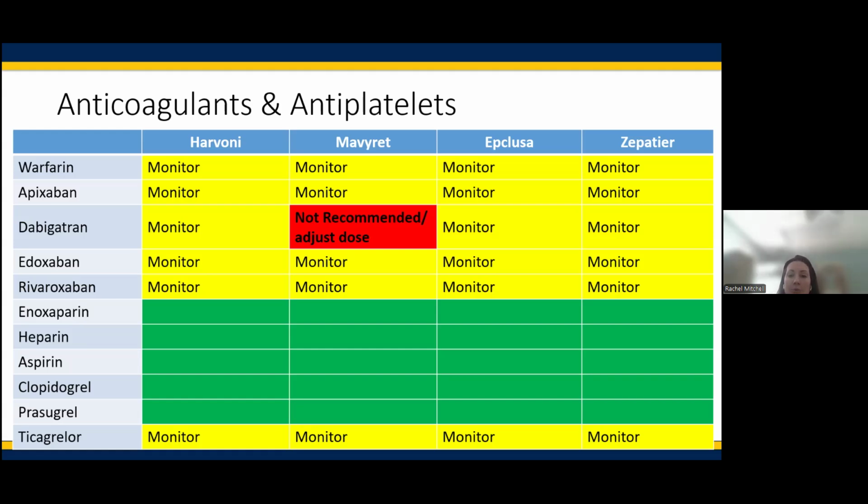It depends on the patient's renal function. If they have normal renal function, you don't need to adjust the dose. Once it goes down to 30 to 50 mL per minute, then you do the reduced 75 twice daily. And if it's severe renal impairment, less than 30, then at that point, it's contraindicated. So it's based on their renal function and how important that interaction is.